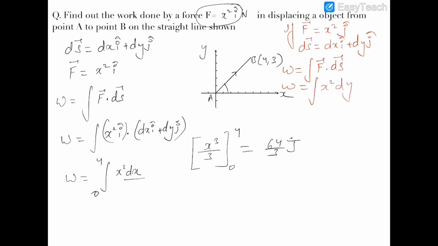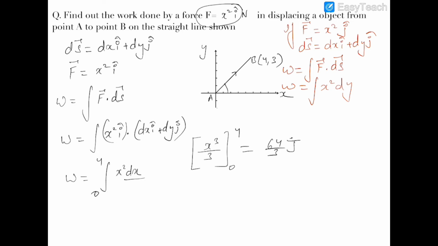Now to integrate x square with respect to y, you need the information of the path on which this particle is being displaced. So the path is already given to us, that it is a straight line AB on which this particle is taken from A to B. So we need to find out the relationship between x and y, which will be the equation of the path.